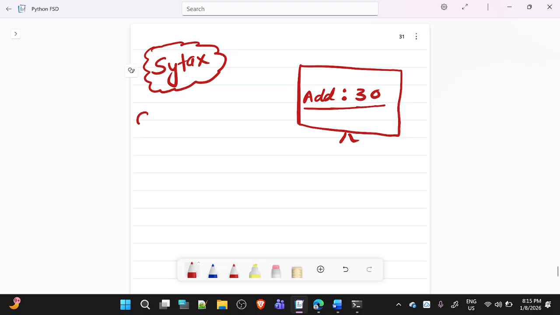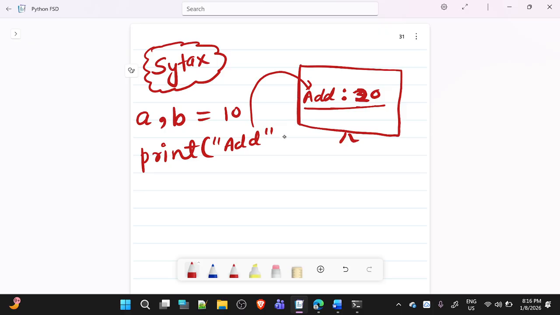For example, I'm writing A, comma B equals, let's suppose 10 and 20. Then I will write print, and I will write add, so this add will be displayed as it is.